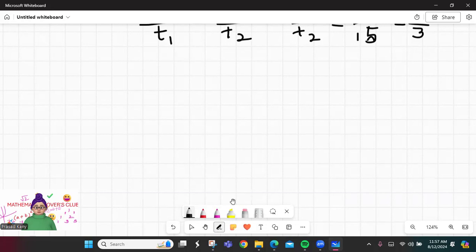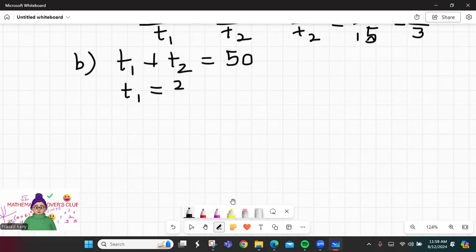That means t1 plus t2 is equal to 50. Now, already in the first part, we have shown that t1 upon t2 is 2 upon 3. So t1, I can write it as 2 upon 3 times t2.